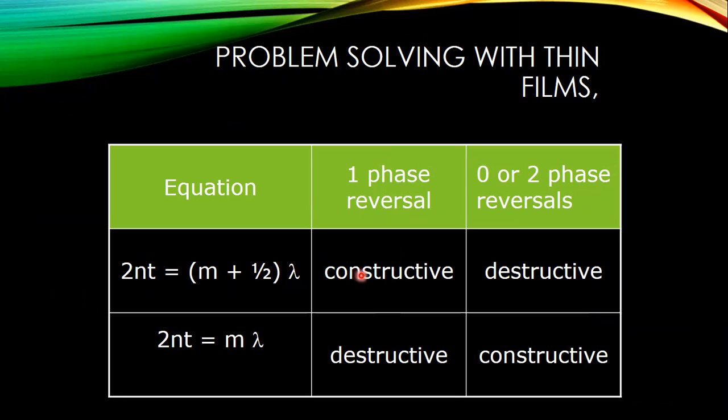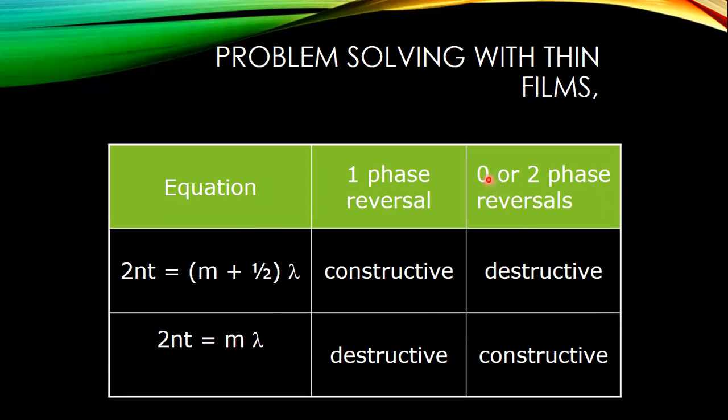So constructive interference happens at a quarter of the wavelength, at 3/4 of a wavelength, 1 1/4 of a wavelength, and so on and so forth. Destructive interference takes place at 1/2 of a wavelength thickness. Now, it's the opposite when we go from a low index material to an even higher index material.